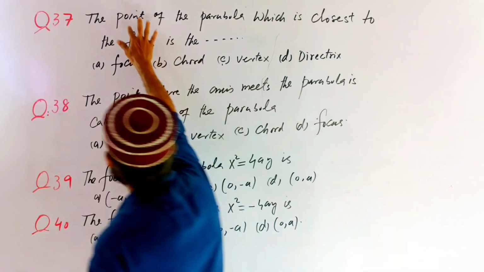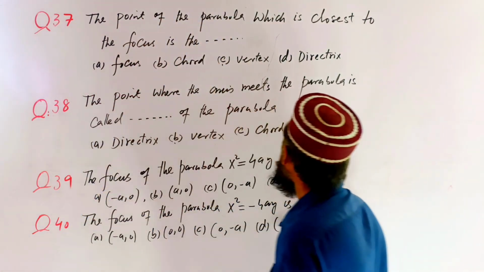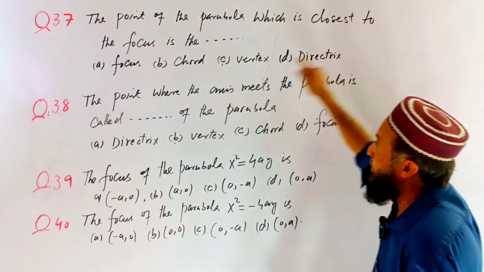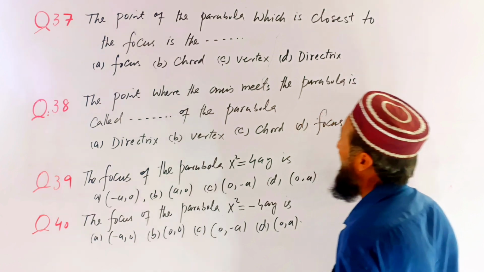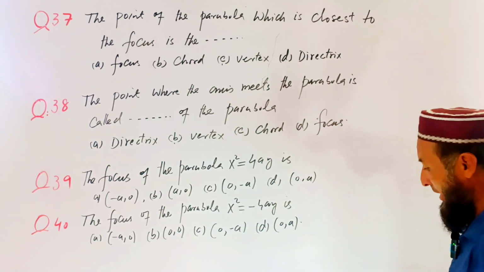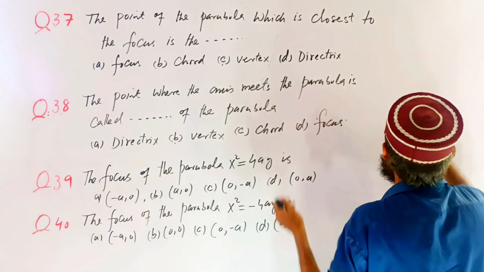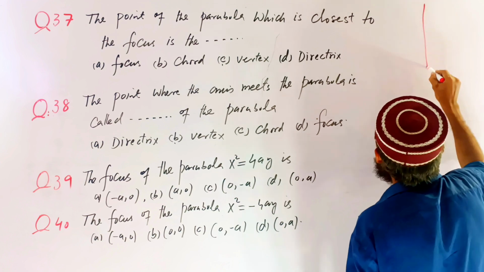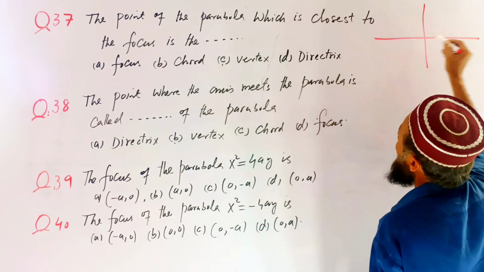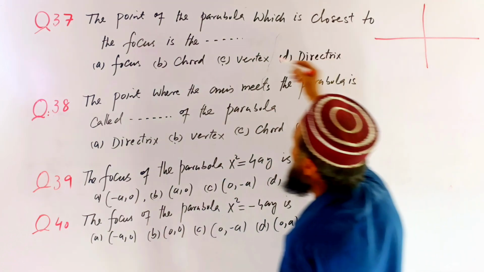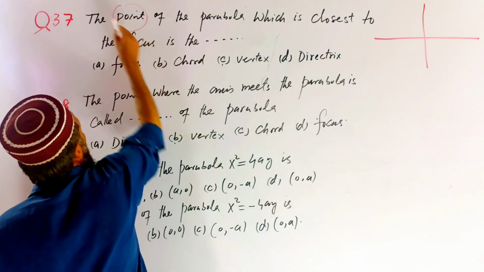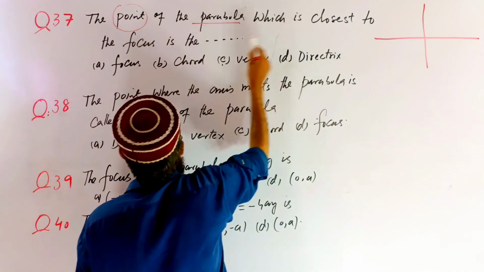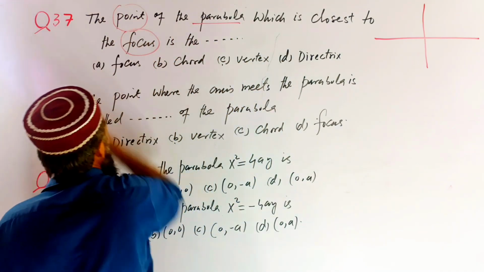The point of the parabola which is closest to the focus is what? That will be called the vertex. Why? Because look here, if we make the parabola to the right side, the point is required. The point of the parabola which is closest to the focus.